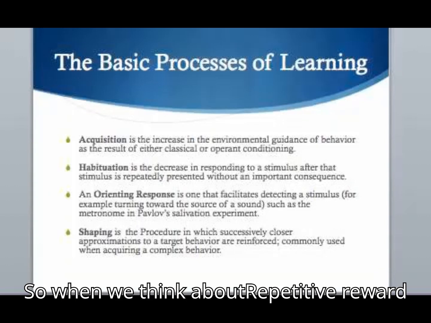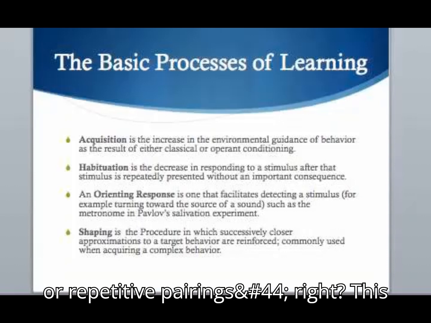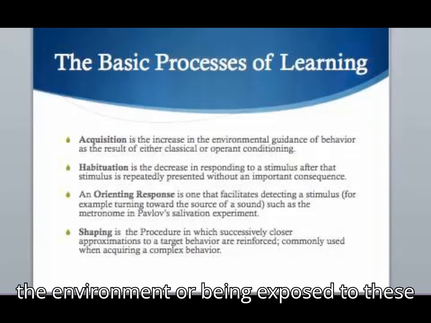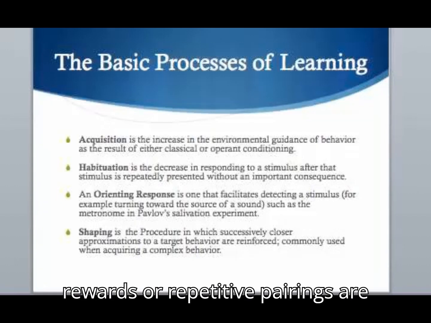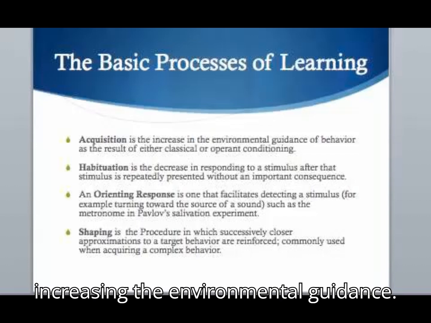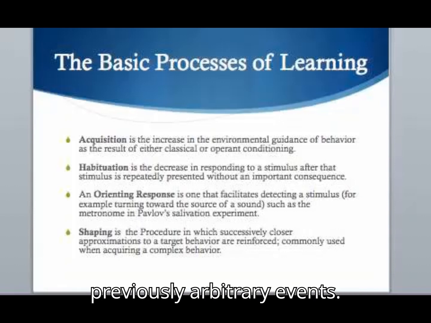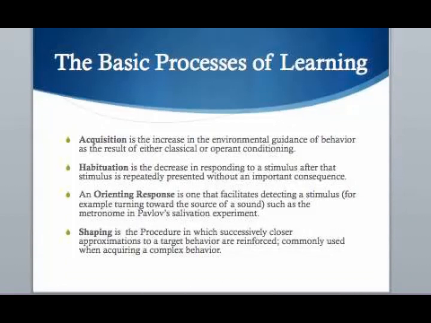So when we think about repetitive reward or repetitive pairings, this is part of the acquisition phase because the environment or being exposed to these rewards or repetitive pairings are increasing the environmental guidance. They're increasing the understanding and the connection between these two previously arbitrary events.